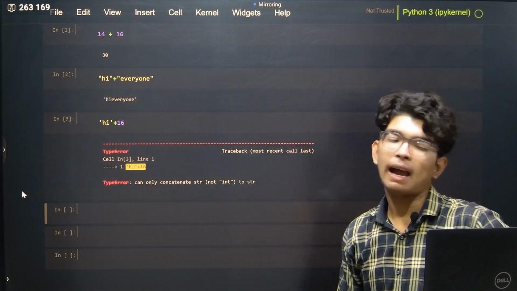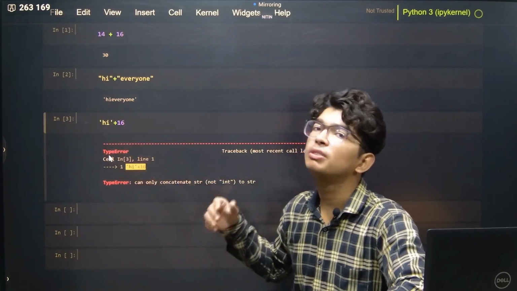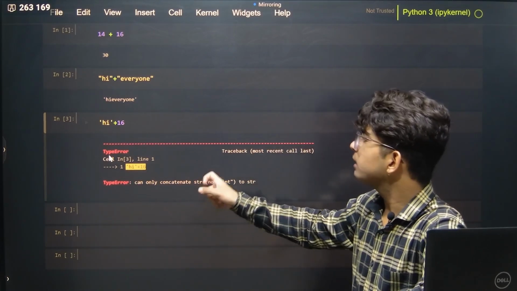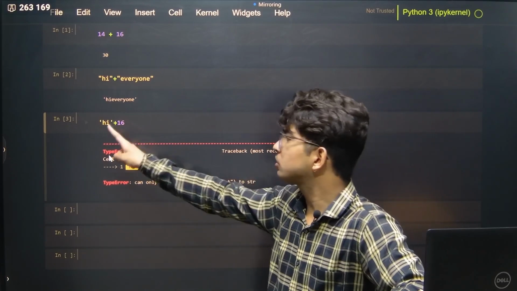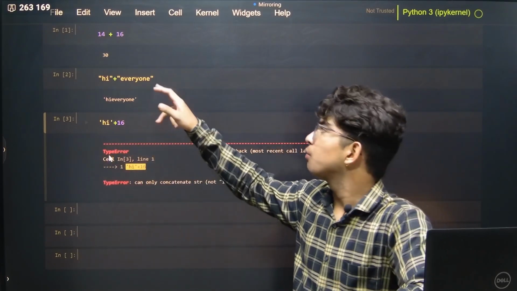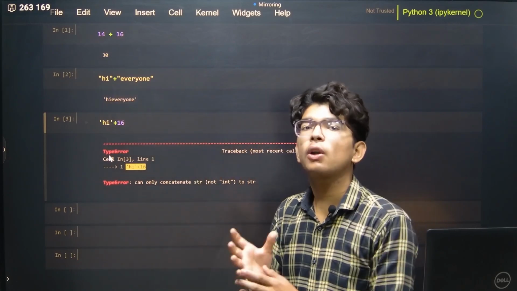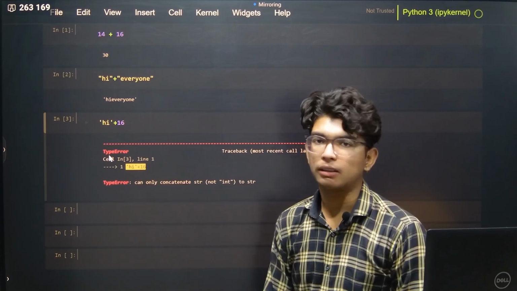By type error, as this is a data type and this is also a data type, we are having a type error. The type error says can only concatenate string, not integer, to string. It means a string will only work with a string. If the 2 operands are strings, then only the addition will work. Otherwise, it will cause a type error.